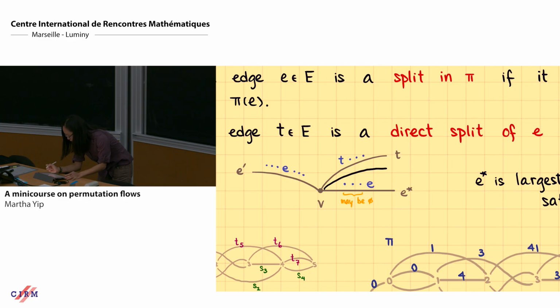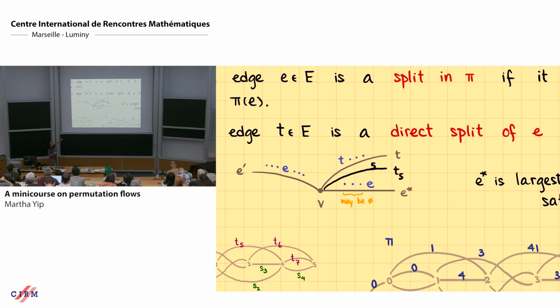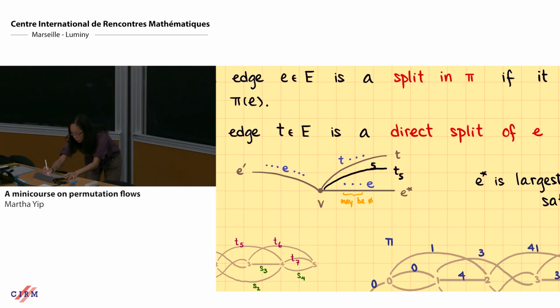Let's say it's T5, and I have the label 5 there, and that's the only label. T is not a direct split of 5, because 5 just started here. There is no 5 flowing in. So in this scenario, T is a direct split of E.